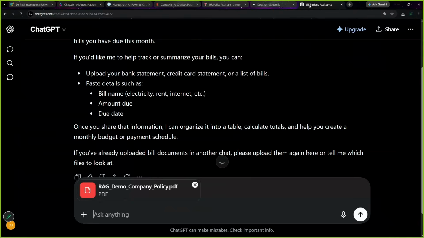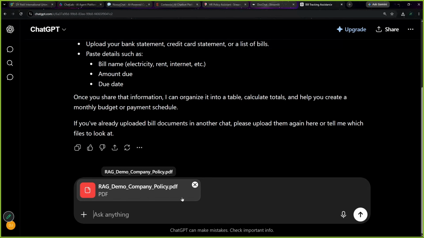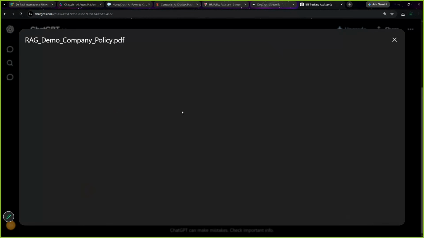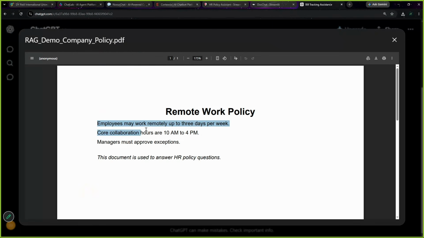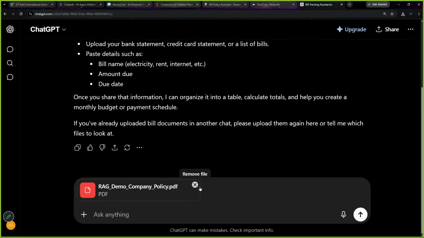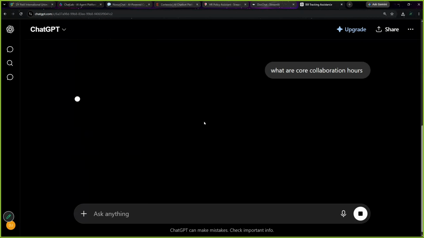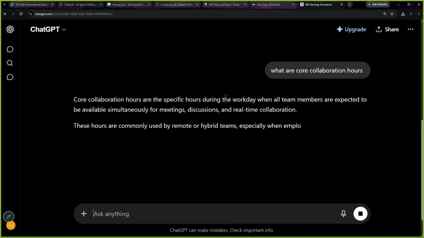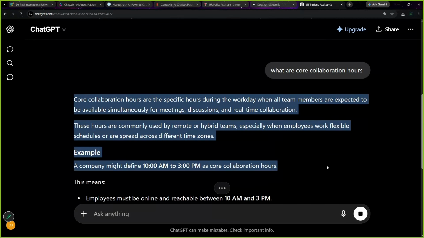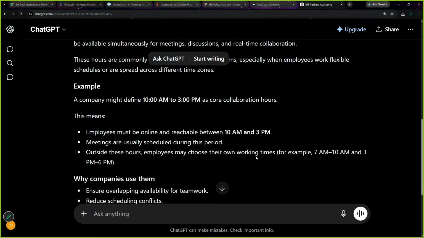Similarly, I've given this RAG company document, and if I open it, let us see what is in this document. Employees may work, core collaboration hours are 10 to 4 p.m. If I ask without this document, what are core collaboration hours? It's not going to make sense, and we are going to receive some random response.